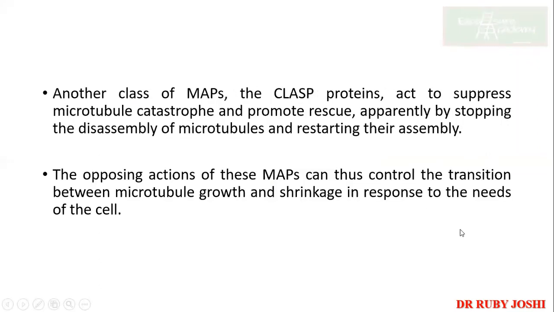Okay? Now, another class of microtubule associated proteins is known as the CLASP proteins. They act to suppress microtubule catastrophe and promote rescue, apparently by stopping the disassembly of microtubules and restarting their assembly. What does this mean? For some reason, or maybe because of the addition of certain drugs, the microtubules will start dissociating, and I need to stop that unwanted or unregulated dissociation, and that will be done by the CLASP proteins, which act as the rescue.